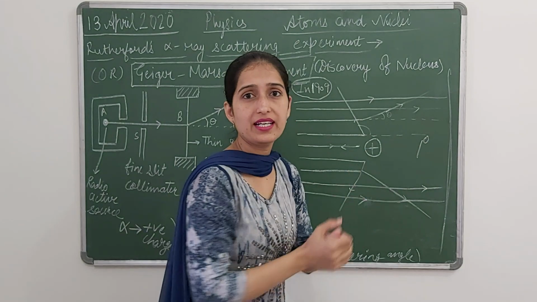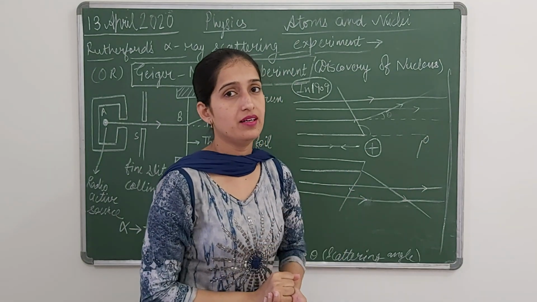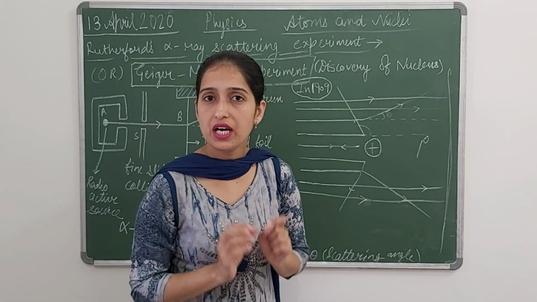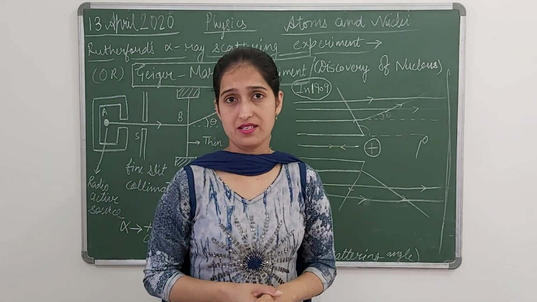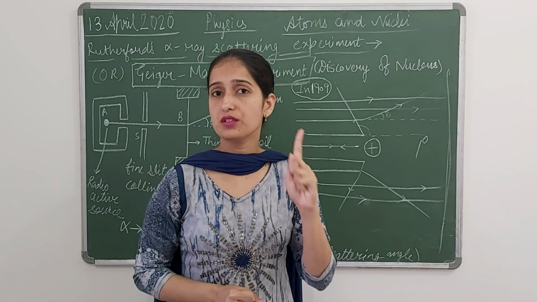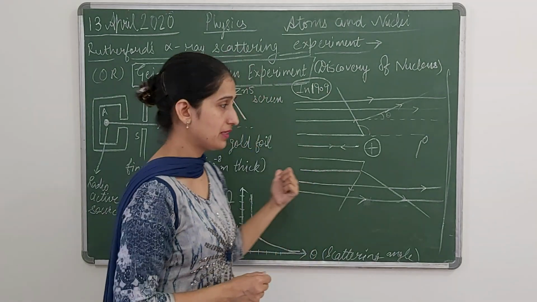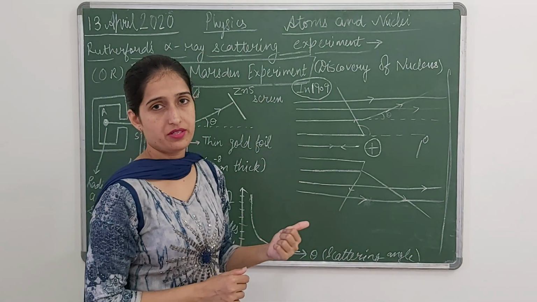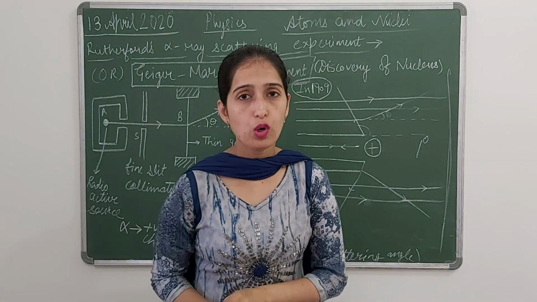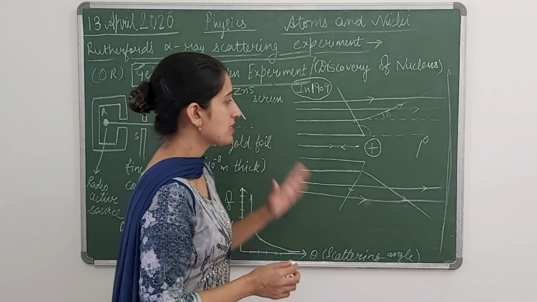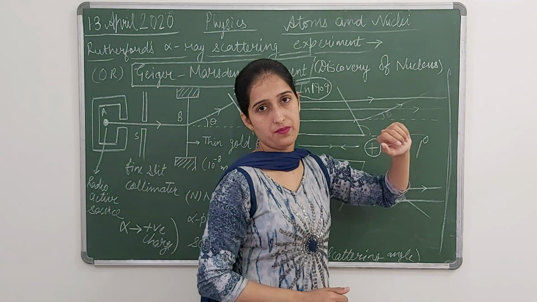That means no obstacle is there to disturb that ray. That means most of the part of the atom is hollow inside. First main conclusion using this experiment's observation: most of the part of the atom is hollow. The reason is that alpha rays are going straight.